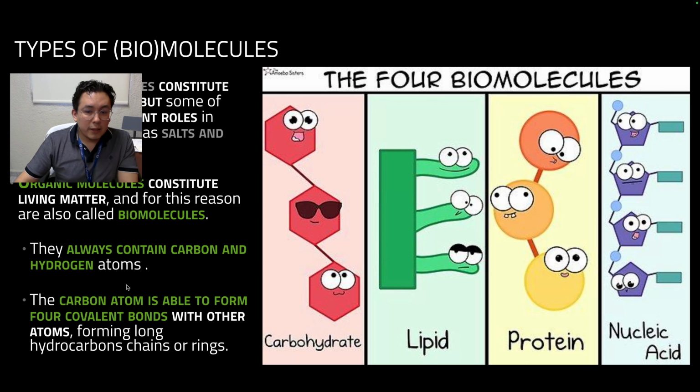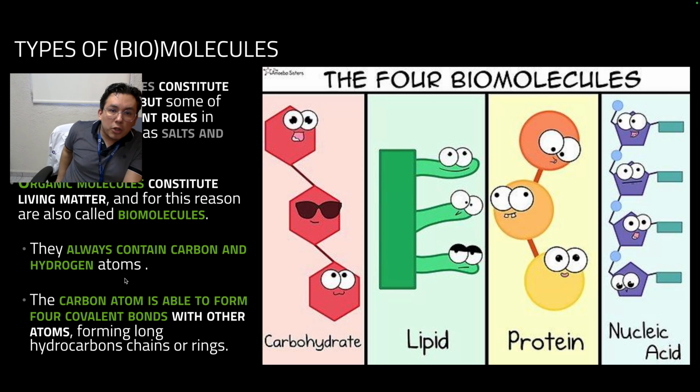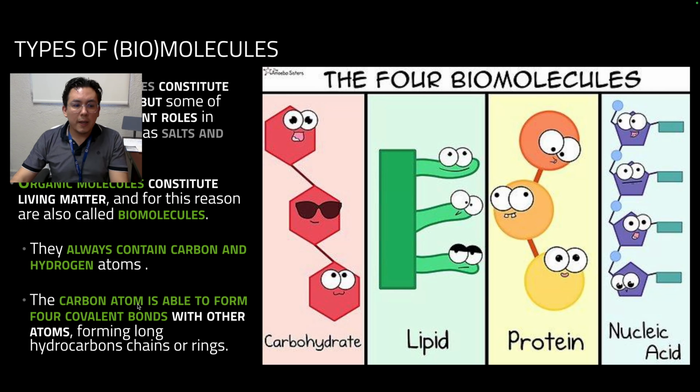Nucleic acid, different from the other three, will be more in charge of everything that has to do with genetic information. In this chapter, the idea is to get a general introduction to all these molecules that we're discussing. But in the second partial, we'll be discussing in more detail everything related to nucleic acids and genetic information.